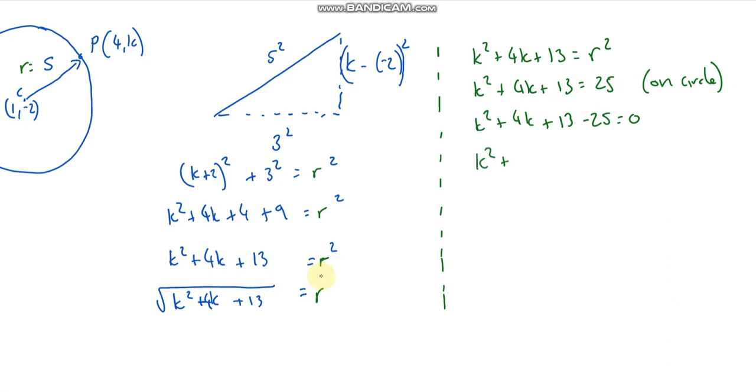So k squared plus 4k take away 12 is equal to 0, so that is still on the circle. So I should rearrange it into this form first. But what if this value here was bigger than 0? That would mean we're slightly outside the circle. We've gone beyond this radius, yeah? In the same way that if this value was less, we'd be inside the circle, okay?